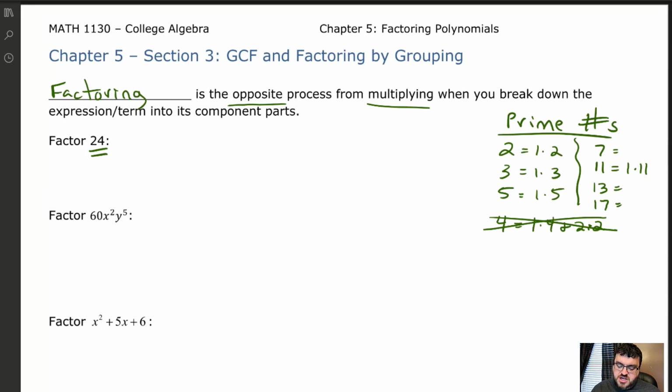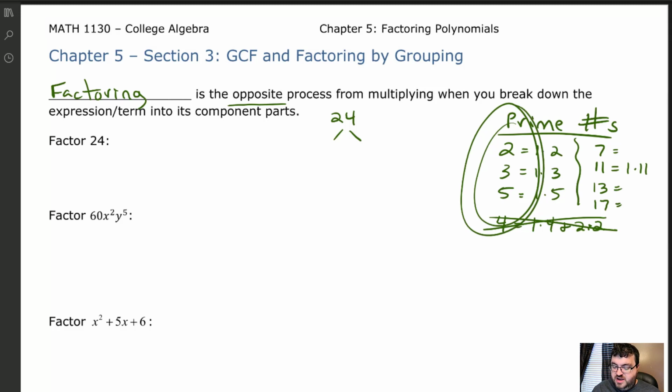So, if you're factoring 24, like this term right here on the side, there are a few different ways you can approach this. When you're first learning about factoring, you'll do something called a factor tree, where you ask, what's a prime number I can break out of 24? Well, I can break 24 into 3 and 8.